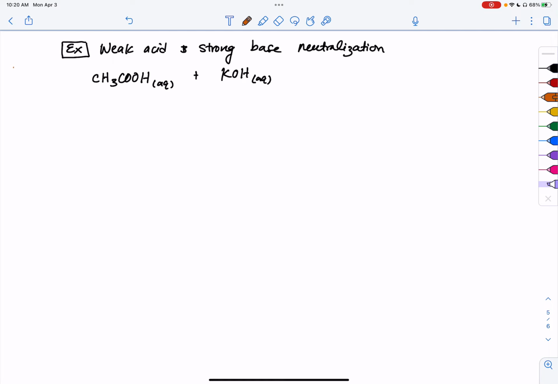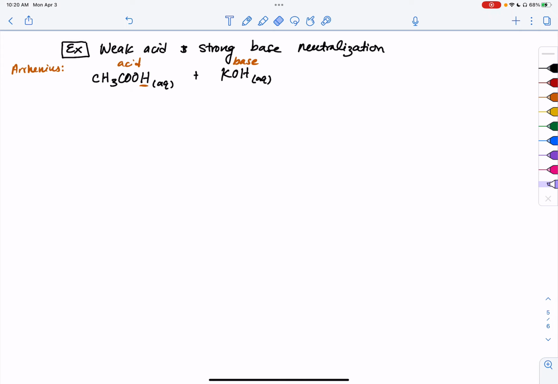Now again, if we were thinking about the Arrhenius definition only, the potassium hydroxide is going to contribute hydroxide ions to solution. This is what makes it the base. Whereas the acetic acid is going to contribute that acidic proton to solution, so that makes it an acid.